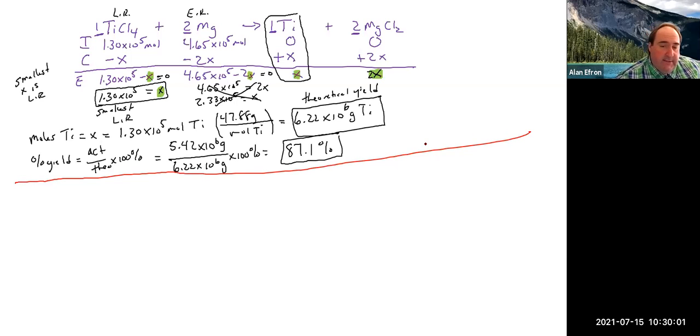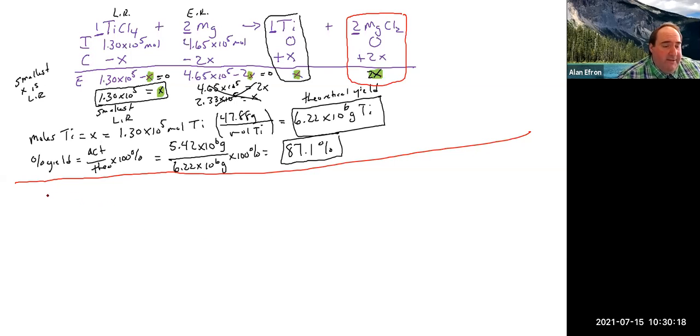But again, just to illustrate other things that you could figure out at this point from this table relatively quickly: for example, what if we were also interested in how much of the magnesium chloride we produced?